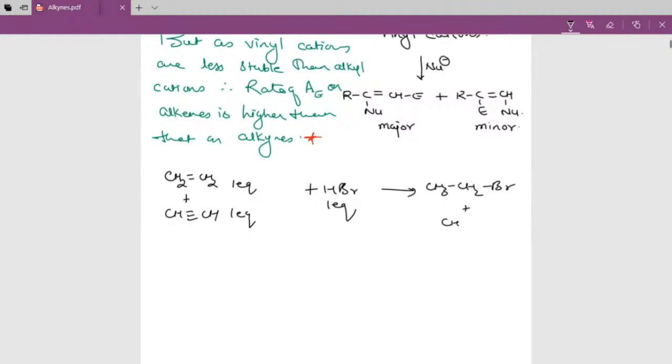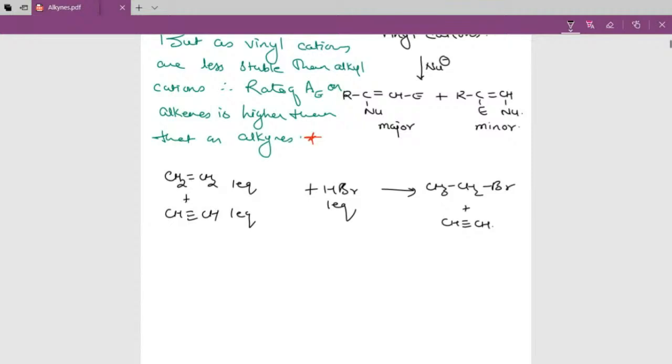This will remain unreacted because the vinyl carbocation will require a higher energy barrier, and a higher energy barrier will certainly make it relatively unstable, thereby making the reaction less favorable and slower.